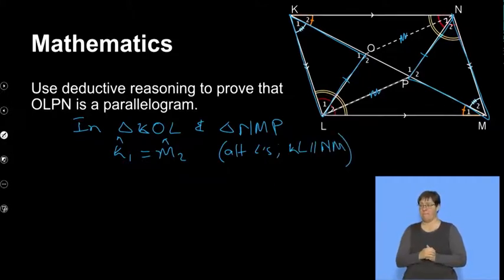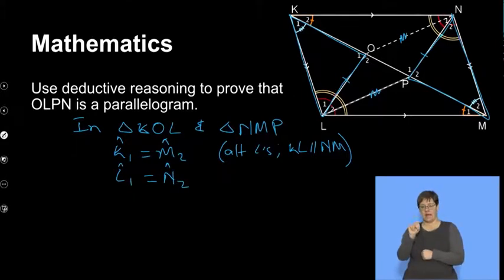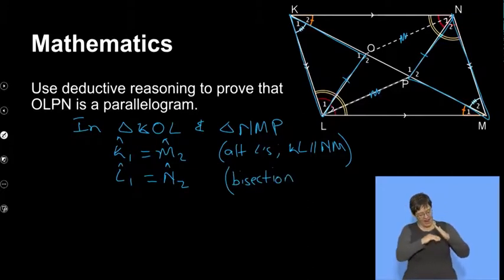And then from there, I also know that my L1 will be equal to my N2, right? Remember why this is the case: because there's a bisection of the angle. Remember, the opposite angles of a parallelogram are equal to each other. So if they are bisected, it means they are both cut into two equal parts, right?